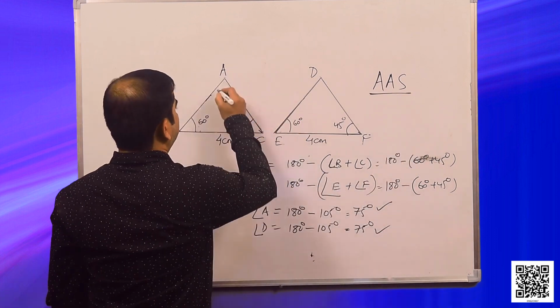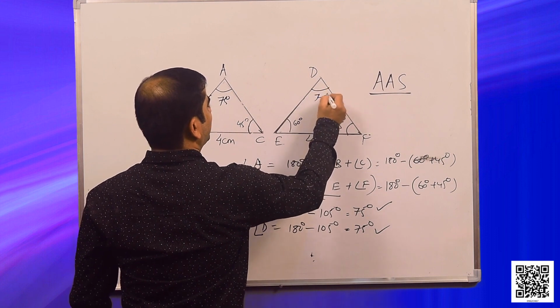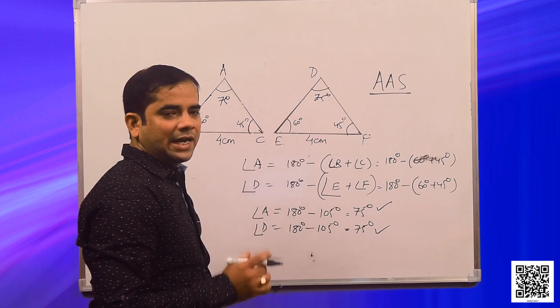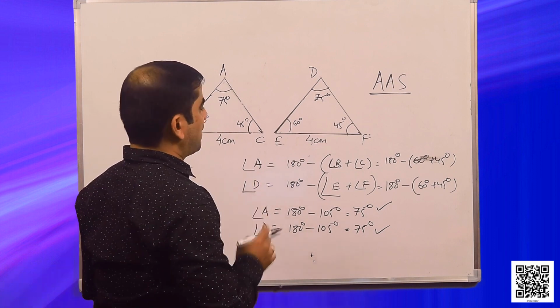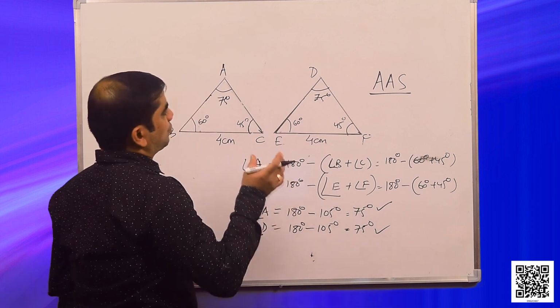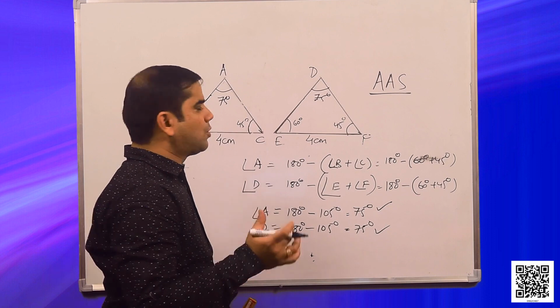Okay. In this case, this is 75 degree, this is 75 degree. We have already proved that these two triangles are congruent by ASA congruency, and we have also seen that the other pair of the angles are also equal.